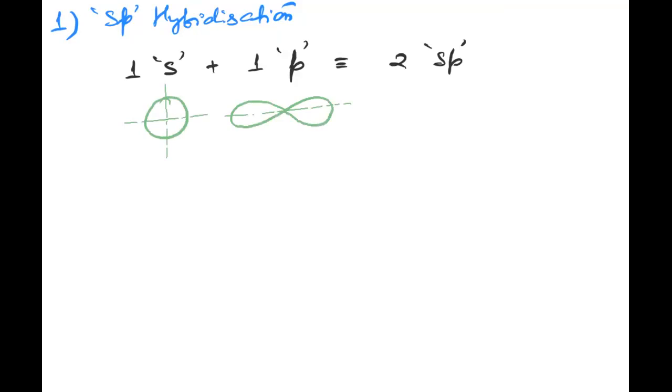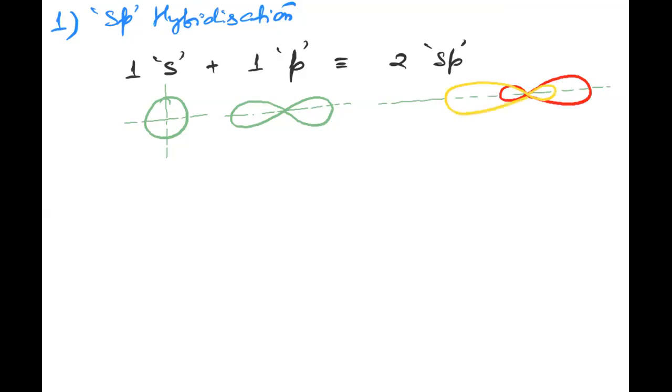And as far as sp hybrid orbitals are concerned, this may be one of the sp hybrid orbitals. It can show properties of s also, and properties of p also. And this may be another sp hybrid orbital.